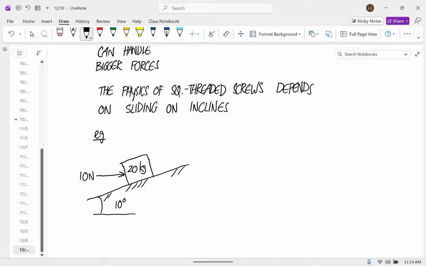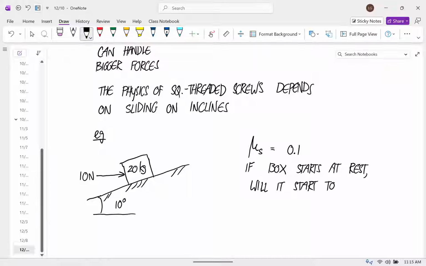And let's say that the coefficient of static friction is 0.1. Okay. If the box starts at rest, will it start to slide up the incline?